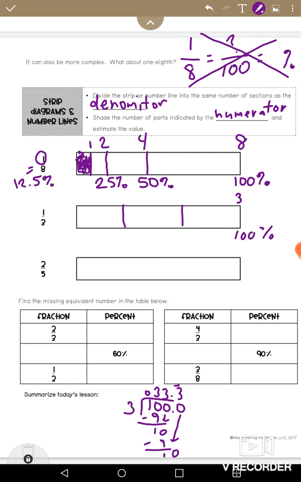That's something that we call a repeating decimal. Okay? If it repeats itself, it becomes a repeating decimal. So 1/3 is the same thing as 33.3%. And we did that because there were 3 parts divided by the 100%.